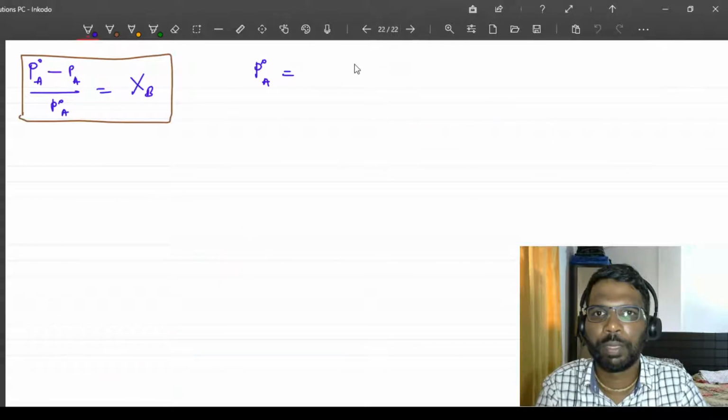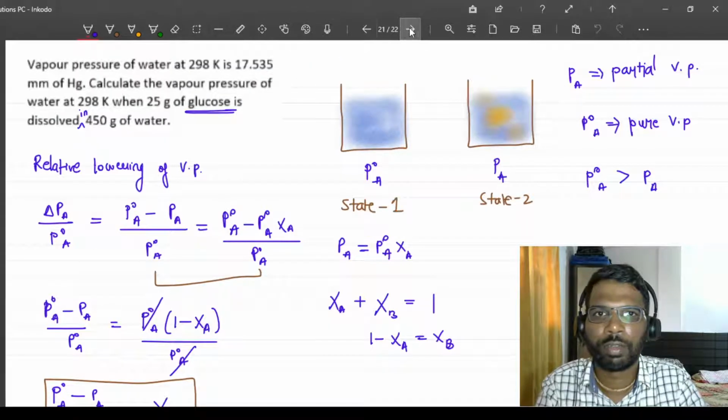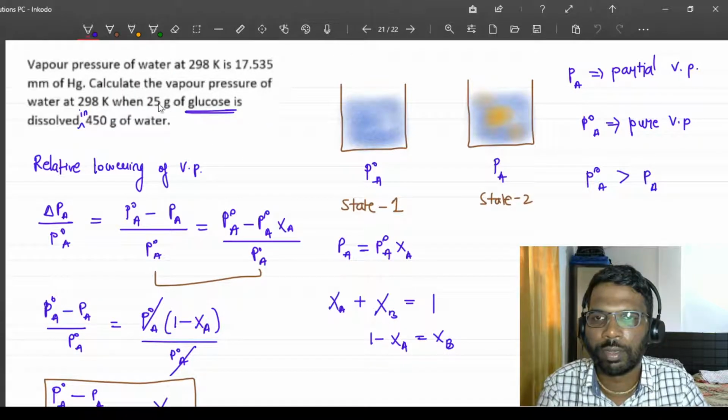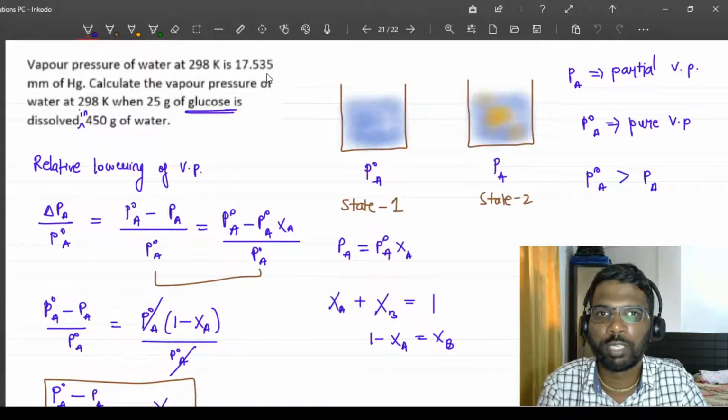P naught A is given to be 17.535. The partial pressure PA is what we need to find: calculate the vapor pressure of water at 298 Kelvin when 25 gram of glucose is added.